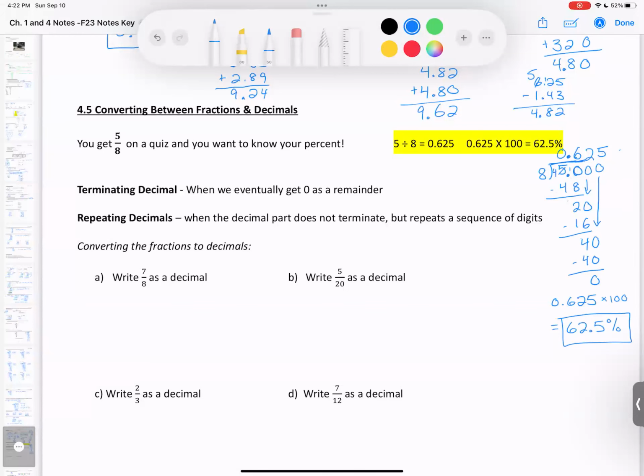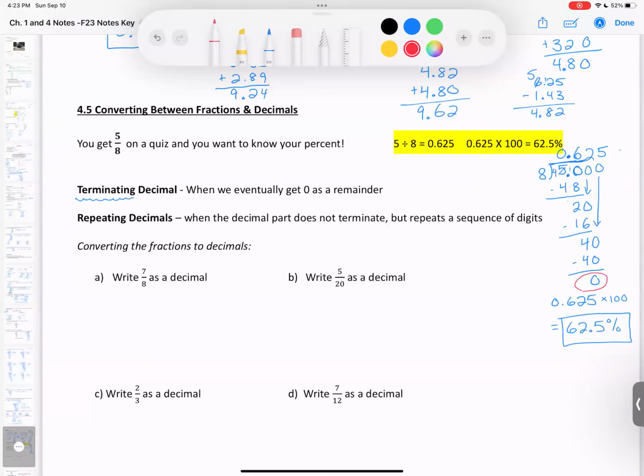So we've just converted a fraction to a decimal. Then we ended up taking that decimal and putting it into a percent, but that's just kind of an added little extra thing for later. So when we're going from a fraction to a decimal, 2 things can happen. We're either going to have a terminating decimal, like we did in this case, where eventually we ended up with a 0 as a remainder.